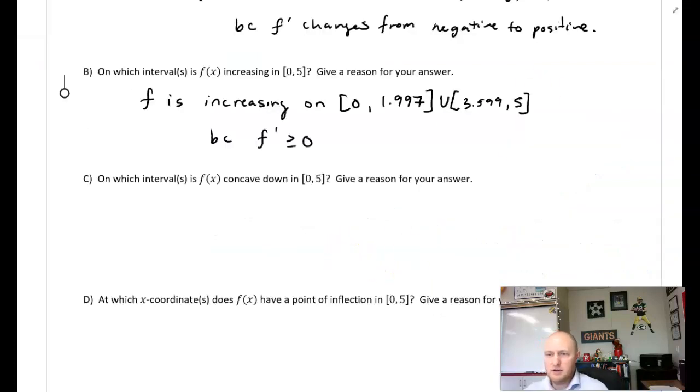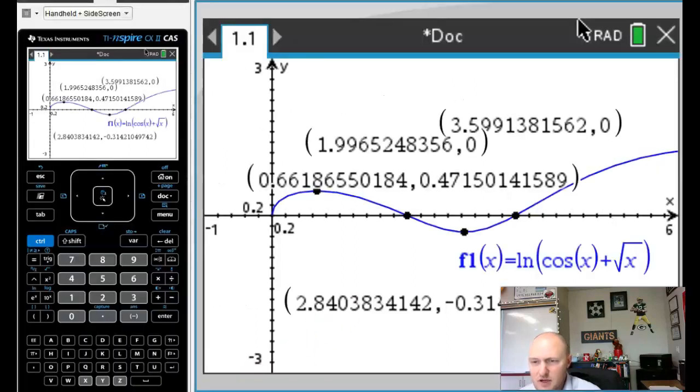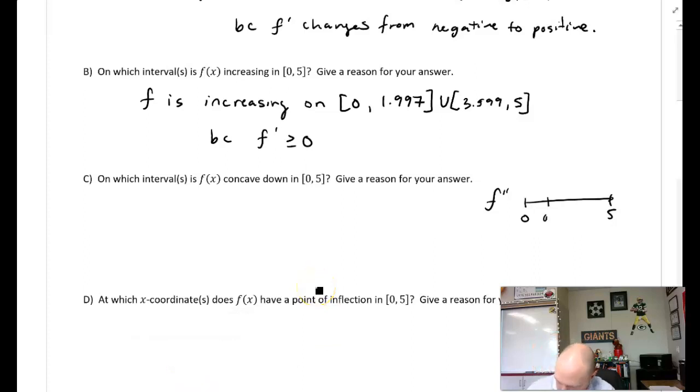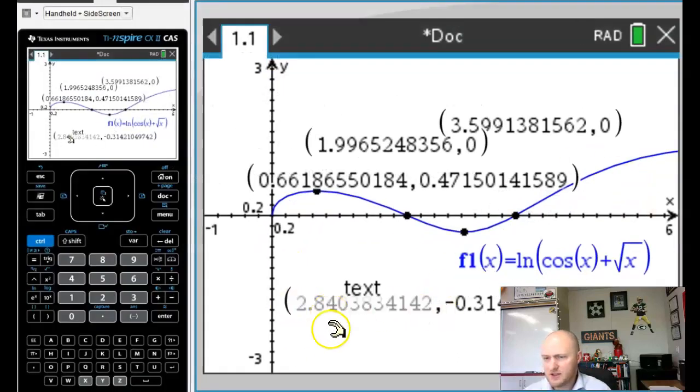Again, I can make an f double prime number line this time, 0 to 5, and our first f double prime equals 0 value was a maximum that was 0.661. And then our other one was 2.840.